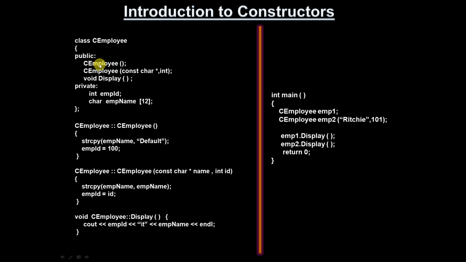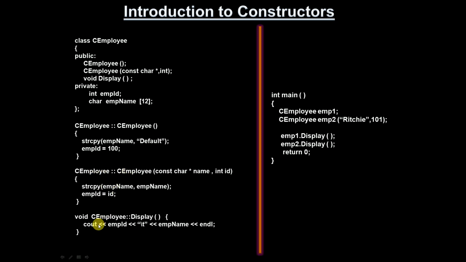See, there is no return type, and whatever class name I have given, the same name we have to give for the constructor also. This constructor is present in the CEmployee class, so CEmployee scope, CEmployee constructor which takes two arguments.